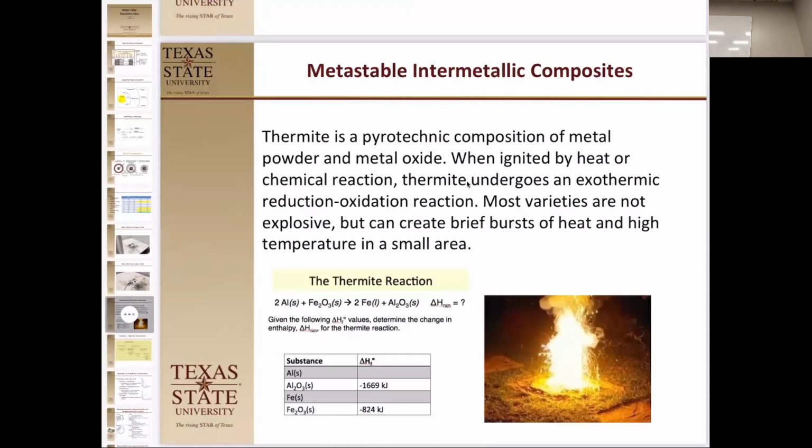Okay, so most of the time when you do this, you either use a methane acetylene propane torch, or the other way to do it is you take a piece of magnesium, put it in the middle, light the magnesium, and the magnesium will start the reaction and melt. And so what it's going to do is it's going to start burning typically from the middle, and it's going to slowly burn outward.